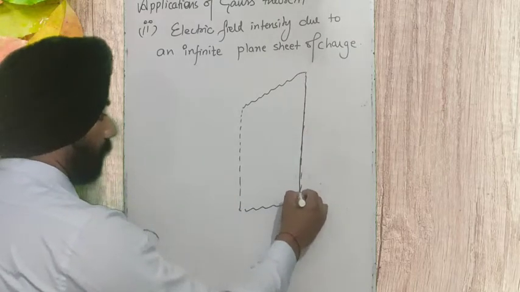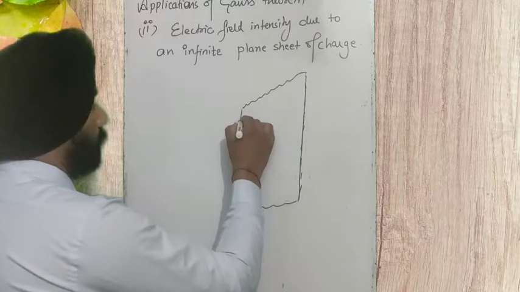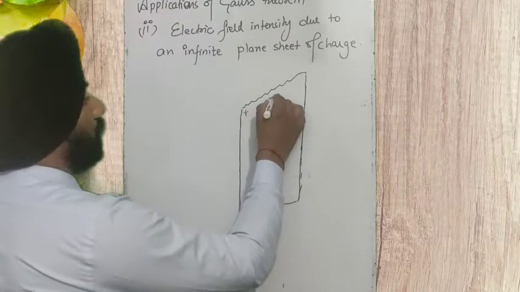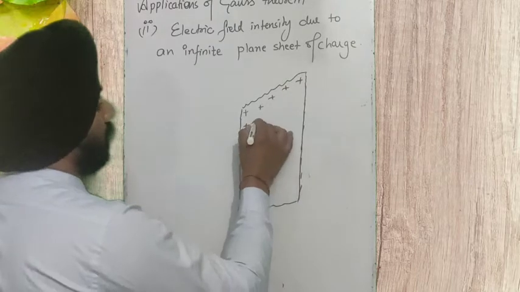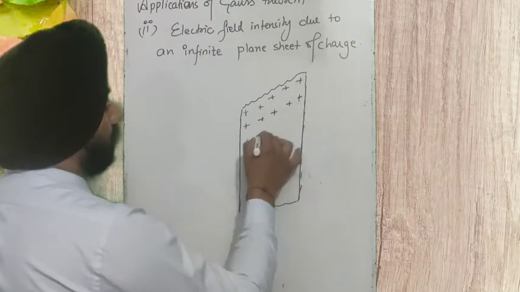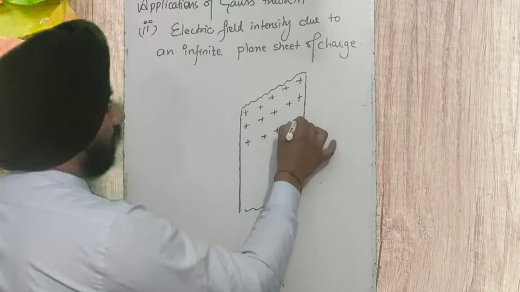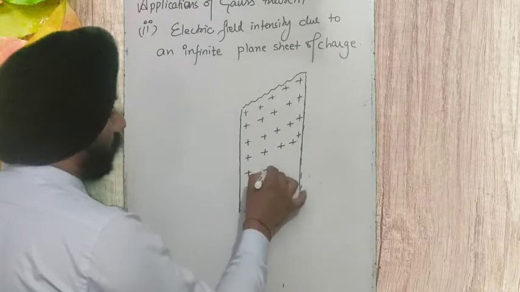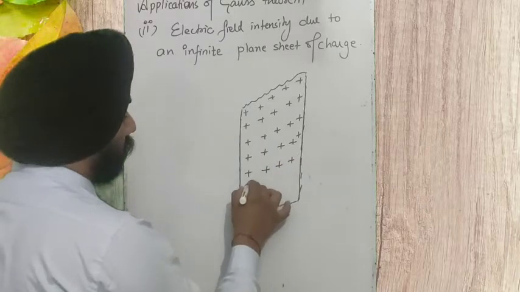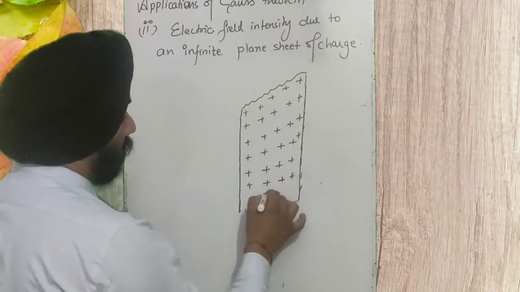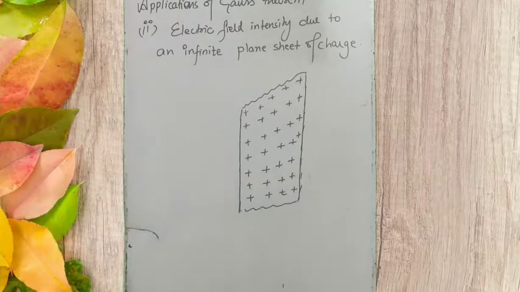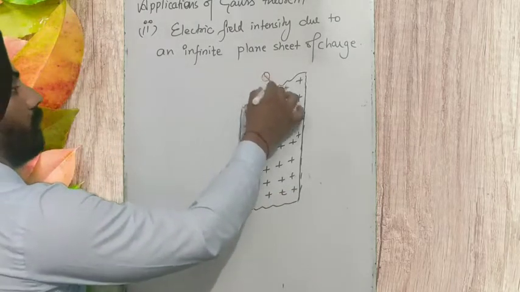The total charge that we have given to that sheet is Q.